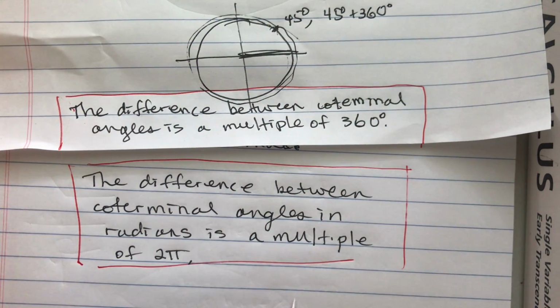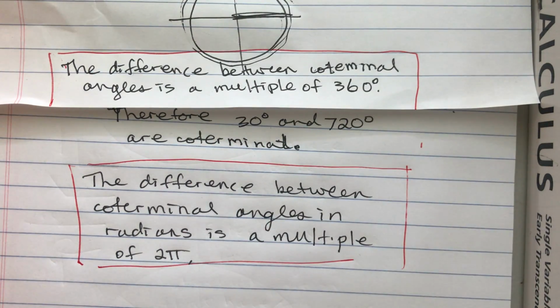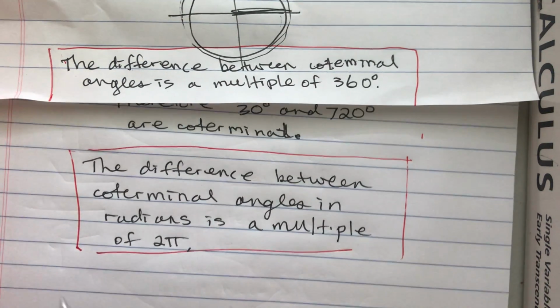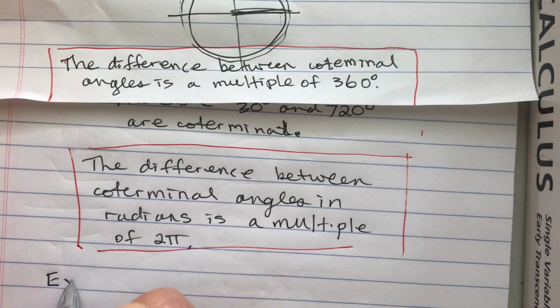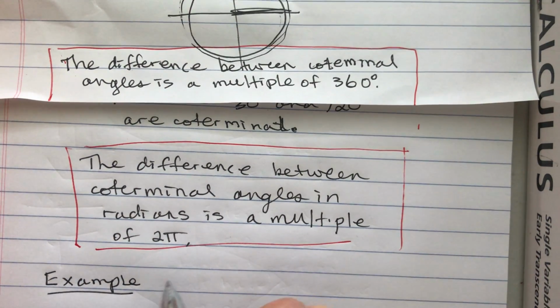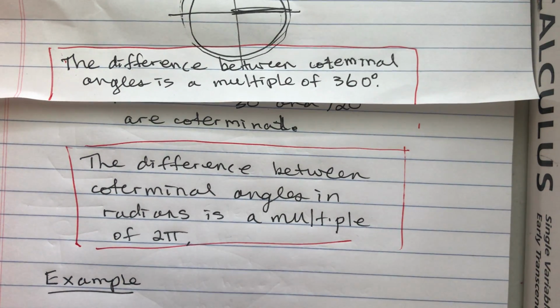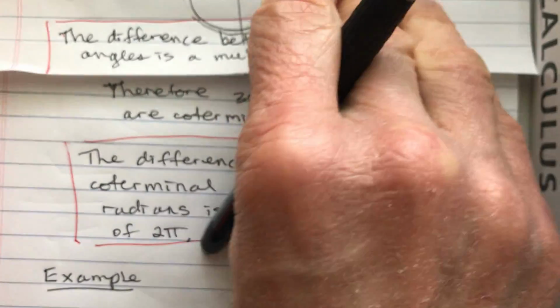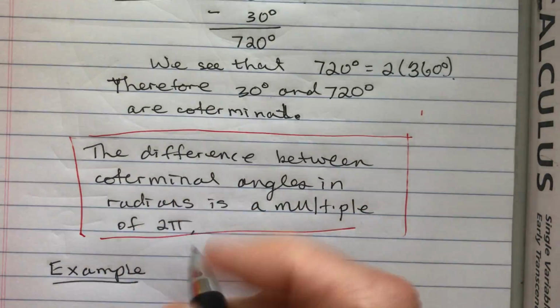Now, the next thing that we could do is we can say if we're presented with an angle, we can try to find a coterminal angle that is between 0 and 360 degrees.